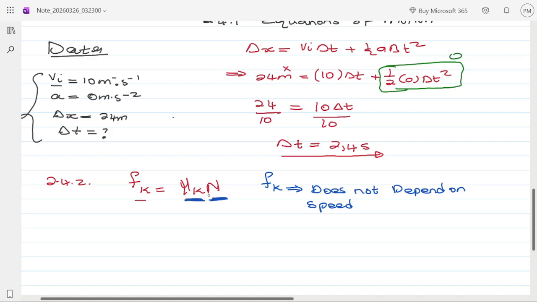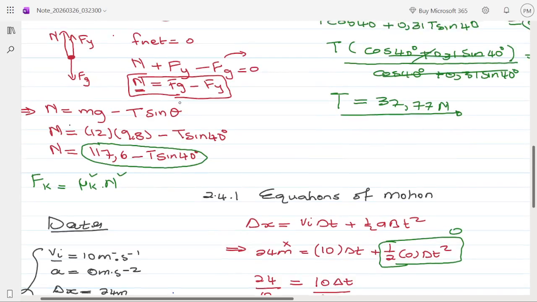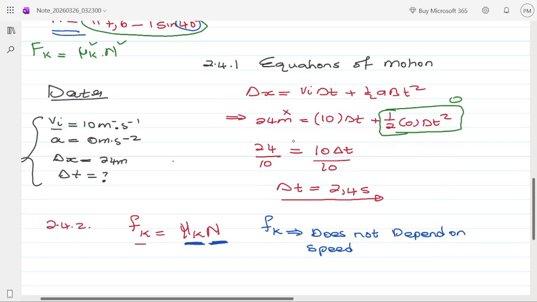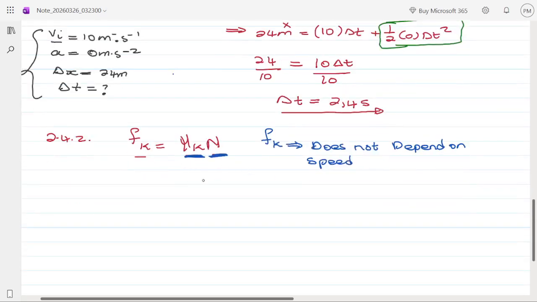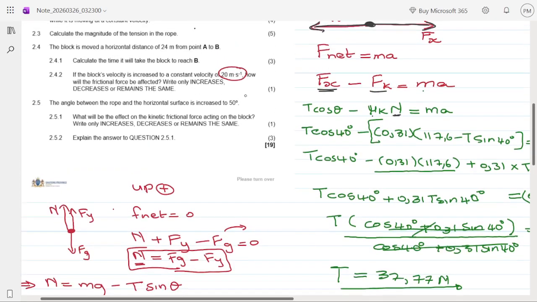The angle of the rope stays the same, because remember we said normal force is equal to what? The formula that we use for normal force is this one, and we have the angle. So the angle stays the same, the mass stays the same. So if we change the velocity, nothing will happen to our Fk.